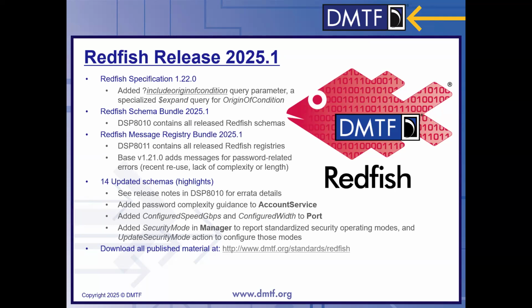So the highlights in that set of updates include support for describing password complexity requirements. There is some clarification and some properties added to port to explain the configured speeds and widths, and then a new security mode property in manager and some related components to that for showing advanced security mode configurations.